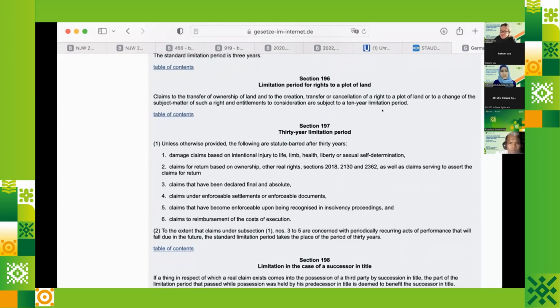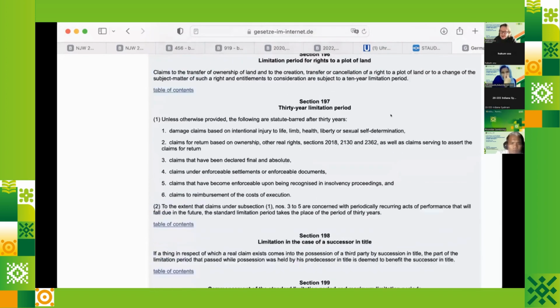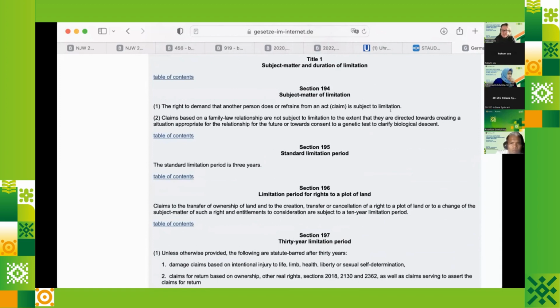No, this is 195. It's 195 exactly. The standard limitation period is 3 years, and that applies to that.